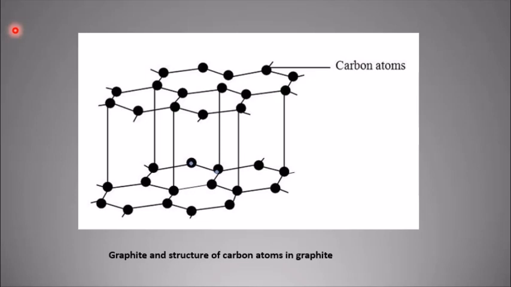Graphite crystals form sheets, or we can say layers of carbon. That is why when we look at graphite, we can see sheet-like layers from outside. If you look at the black structure of graphite, you will see that layers are formed because of the arrangement of these carbon atoms.